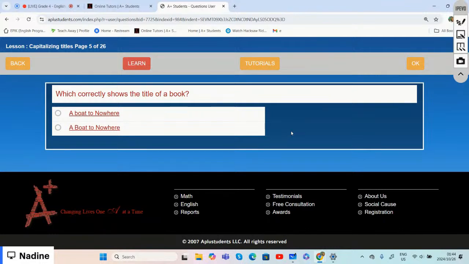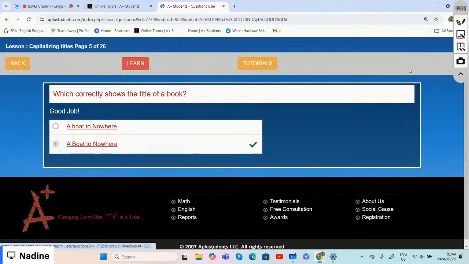The next one says it's either Boat of Nowhere, Boat to Nowhere, or Boat to Nowhere. And if we were to choose the correct option, yes, option two is correct.